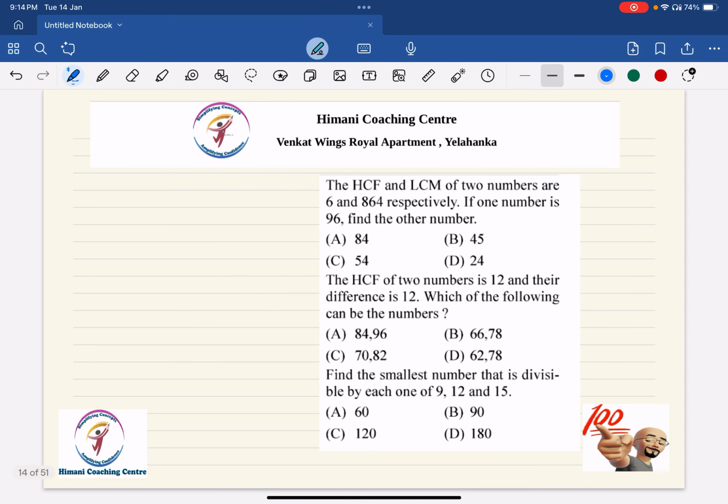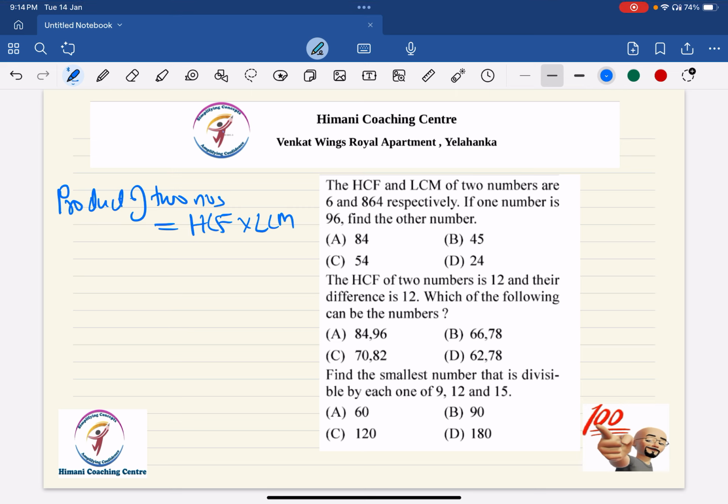Okay. Now this question is the HCF and LCM of two numbers are 6 and 864 respectively. One number is 96, find the other number. So see, product of two numbers equals their HCF into LCM.